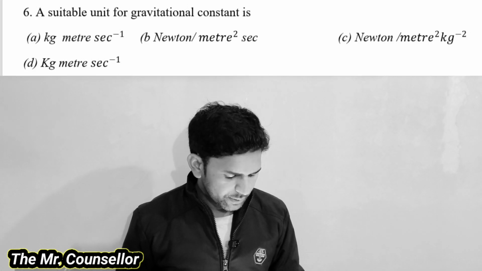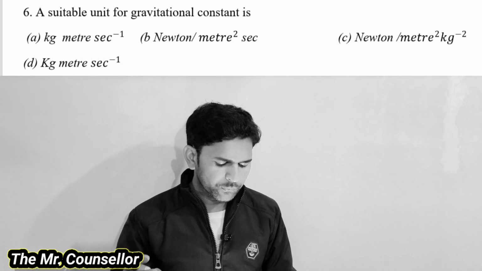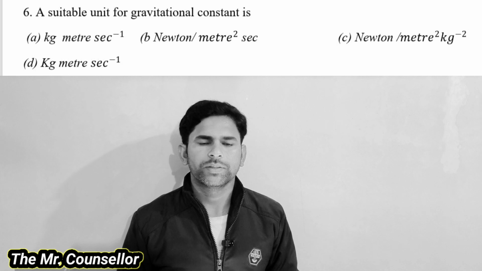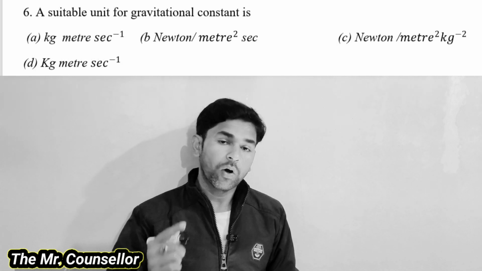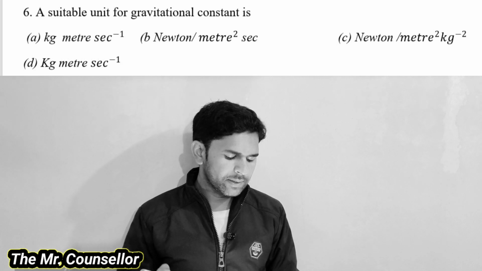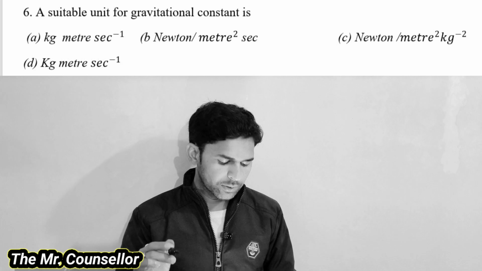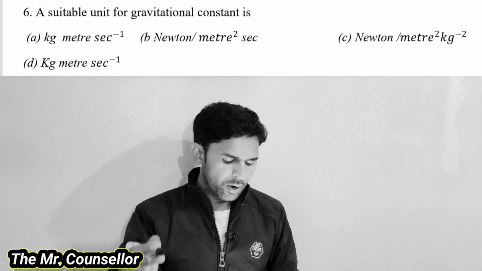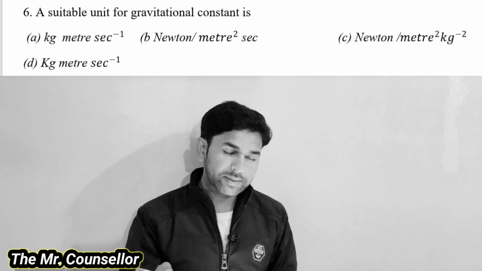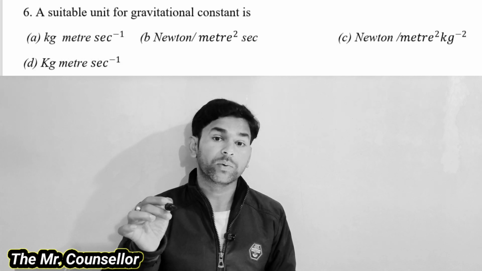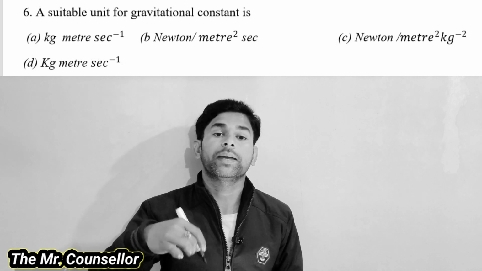What are they asking? A suitable unit for gravitational constant is. Option A is kg meter second inverse. Option B is Newton meter inverse second. Option C is Newton meter square into kg to the power minus 2. Option D is kg meter second inverse.